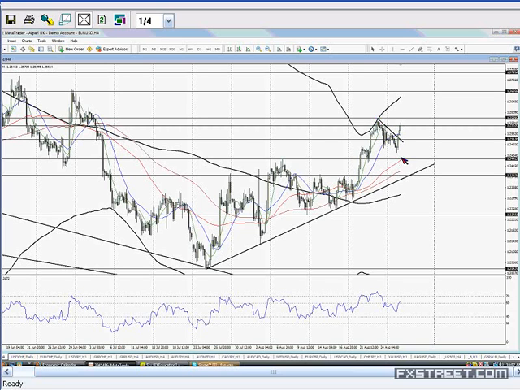So after this correction and a pretty sharp price action, there isn't any reason to believe that we have topped off. Just based on price action and technical set-up, it looks like the market is in a bullish continuation.